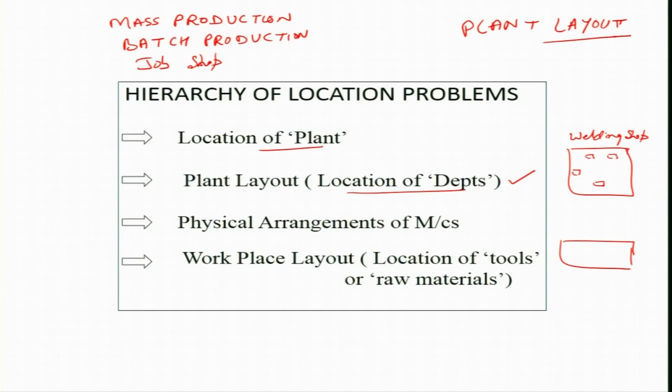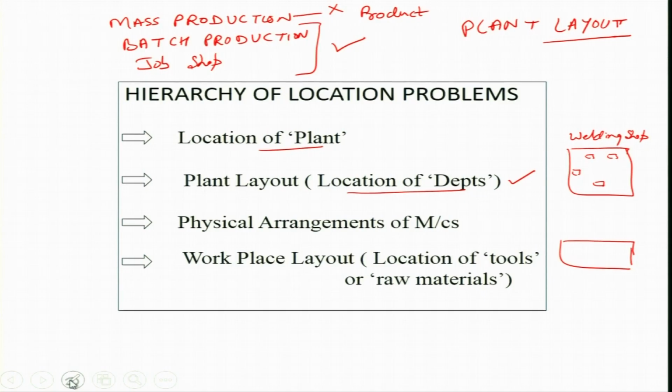If you recollect our initial discussion on types of production system, for which category is the layout very important? Layout is very important for batch production and job shop production. It is not important for mass production, because there we follow a product layout, where machines are arranged according to the process requirement of the product.